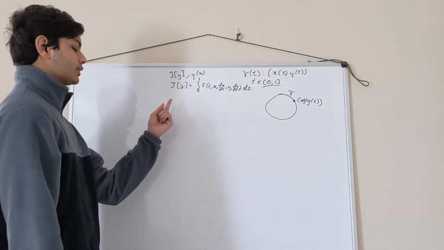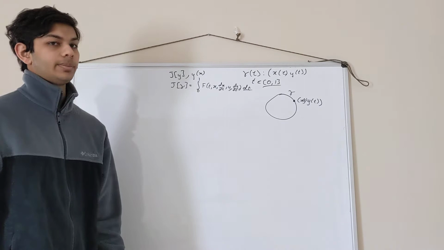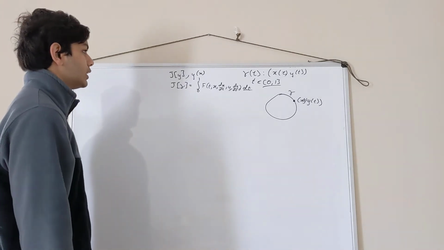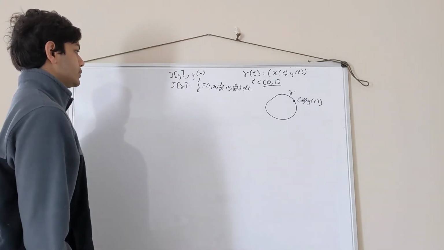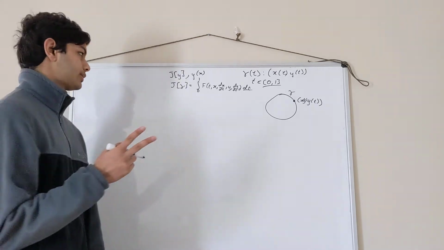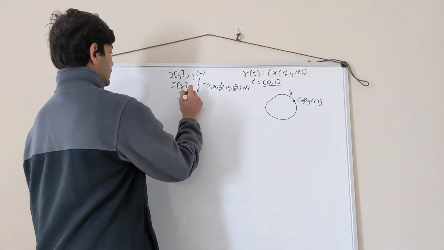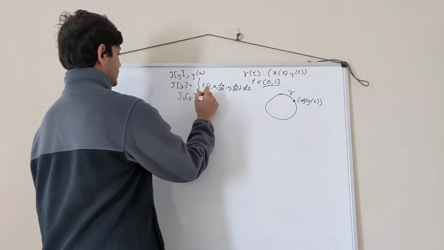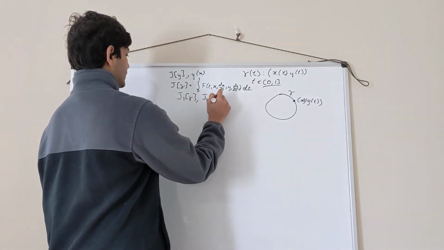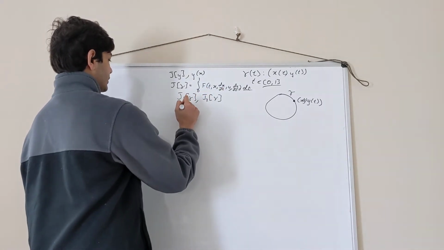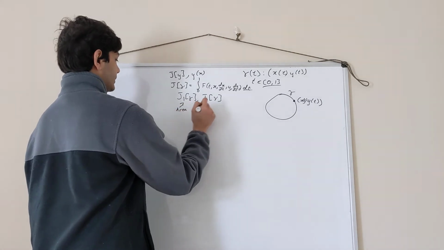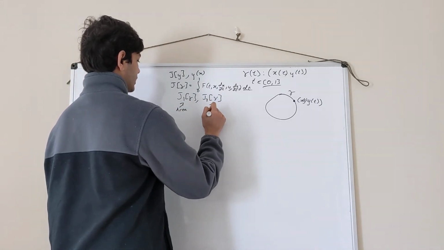And if it's the arc length, then it's a curve that minimizes or maximizes the arc length. So then what we'll do is we'll derive two different functionals, J1 of gamma and J2 of gamma. One of them will correspond to area and the other one will correspond to arc length.